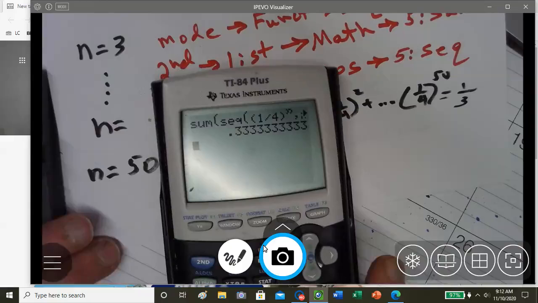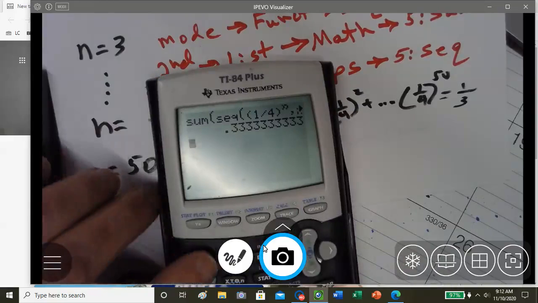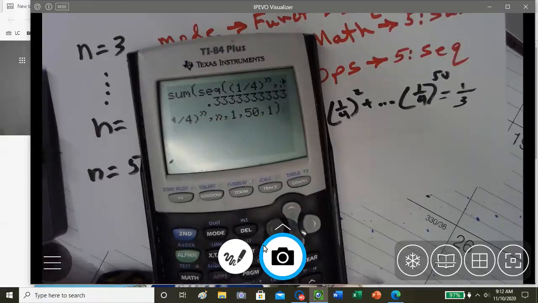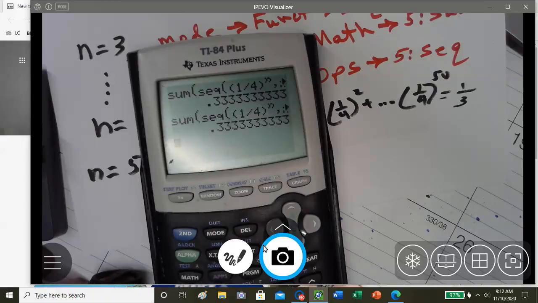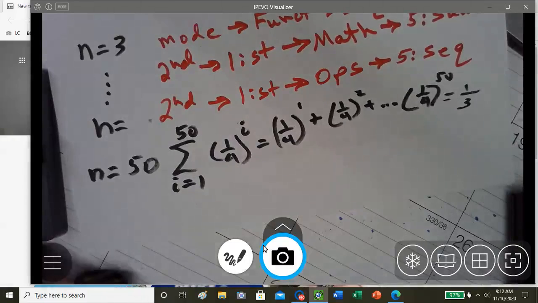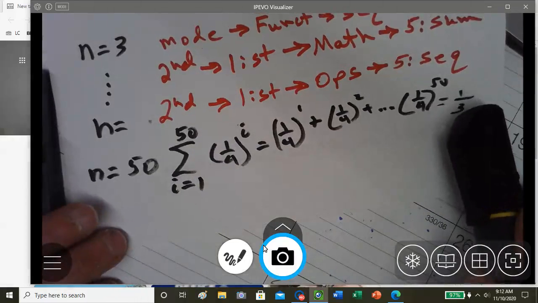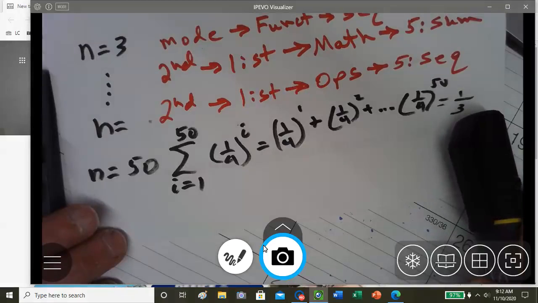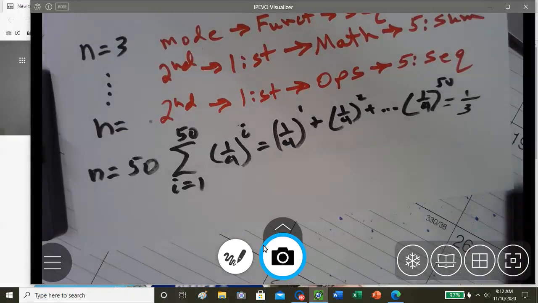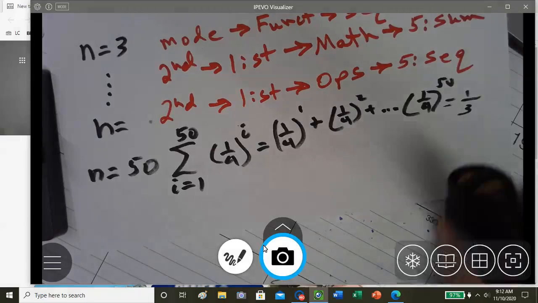So if we go to hit second and enter again, and this time we put 51 in there, we get the same thing. So our supremum is 1/3.